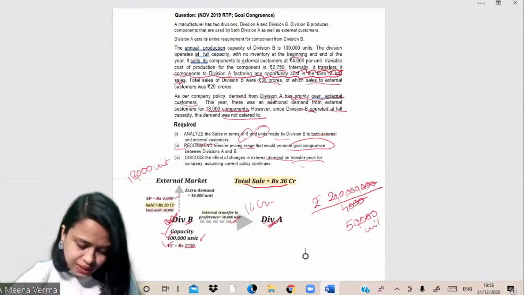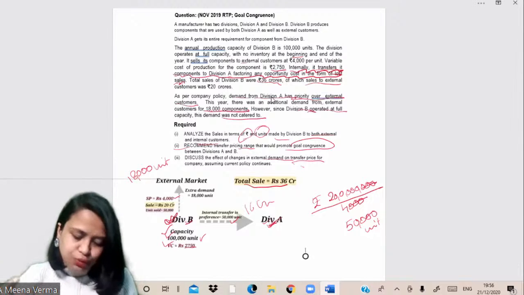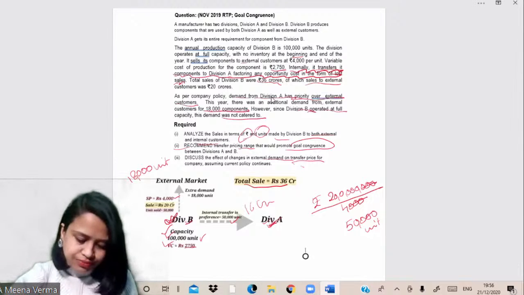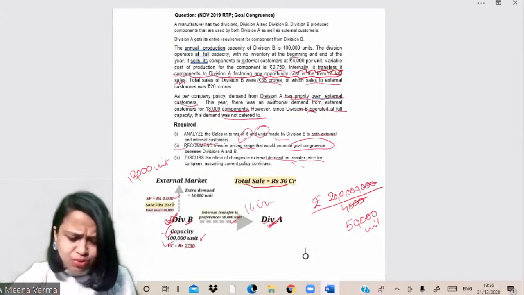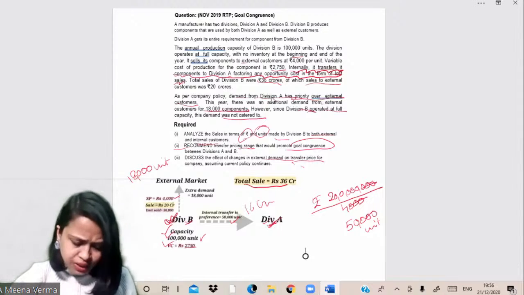Other students, quickly give me the transfer pricing range. There is some problem in my phone. I can't see your queries in my phone.